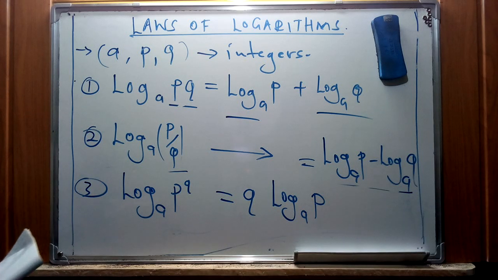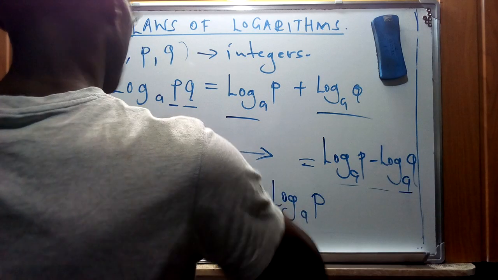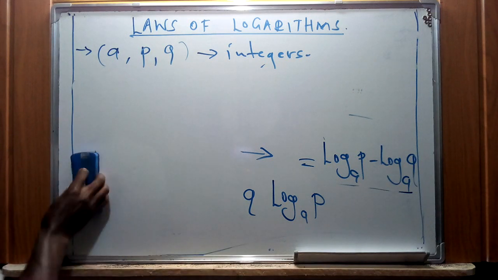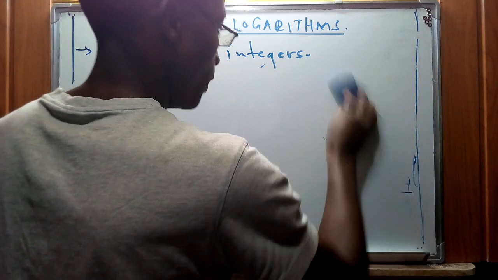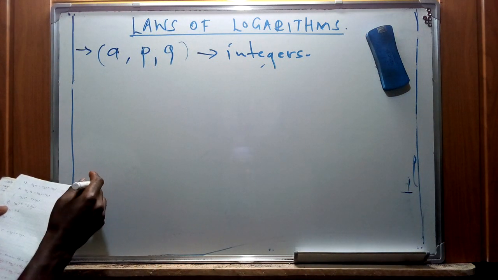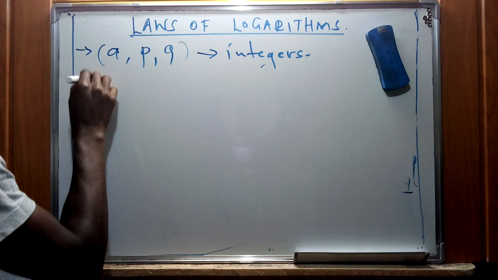So suppose we have a log of a number which is given as a fraction, or the power or the exponent is given as a fraction, then we're going to have it represented as this, number 4.